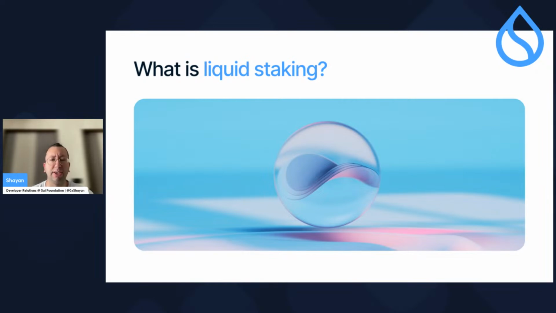With liquid staking, you're able to deposit your Sui with a validator to secure the network. In exchange, you receive a staked Sui token that accrues your share of the validator rewards. So for example, in a hypothetical scenario, let's say you deposit 100 Sui and you get back 99 staked Sui, stSUI.